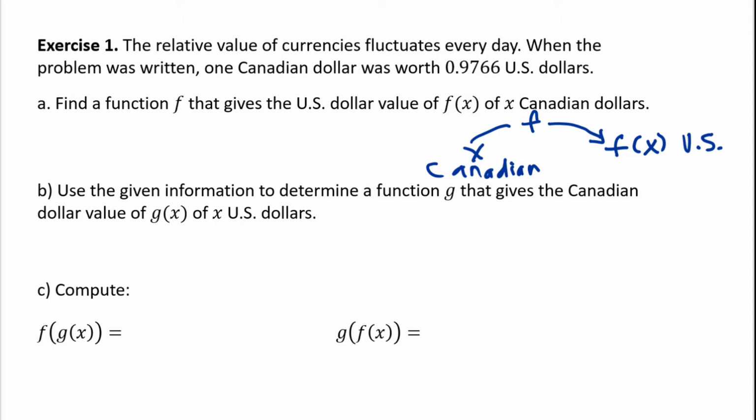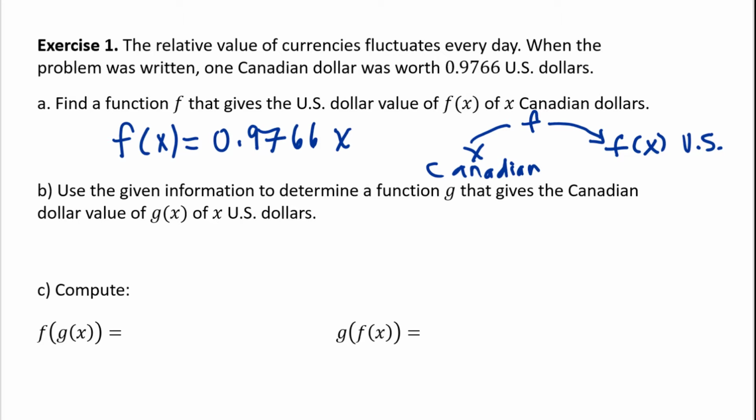The ratio is 0.9766, so this function f of x would be described as 0.9766x. So for x Canadian dollars, you multiply it by a factor of 0.9766, and that gives you the US dollars value.